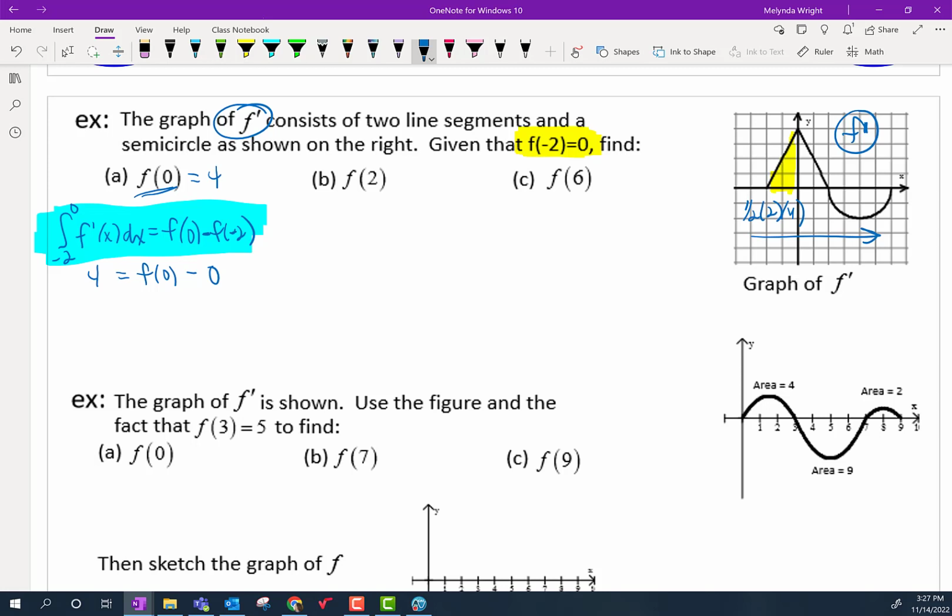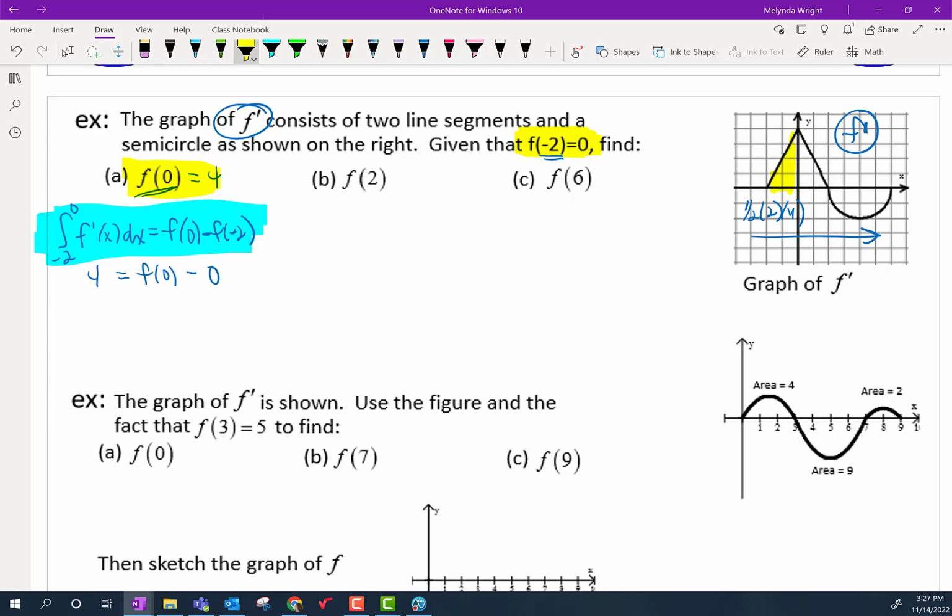Now, to find f of 2, I can start at -2 if I want. I can start at my original point, but I feel pretty confident about the new point that I wrote. I'm feeling pretty good about this. So I am actually going to start at 0. I'm going to integrate from 0 to 2 instead of -2 to 2. You can do it either way.